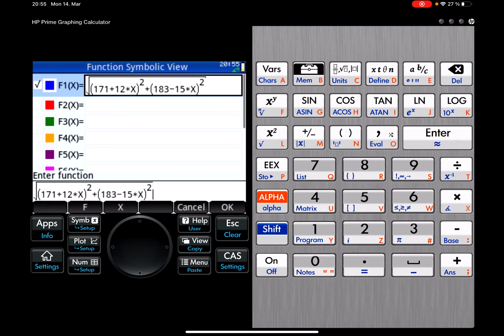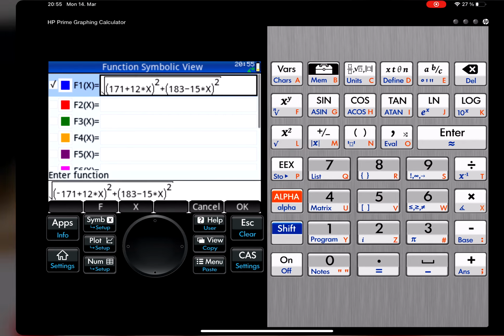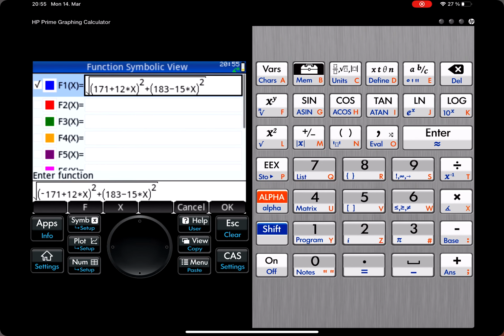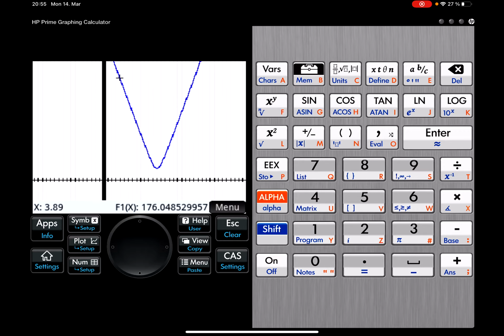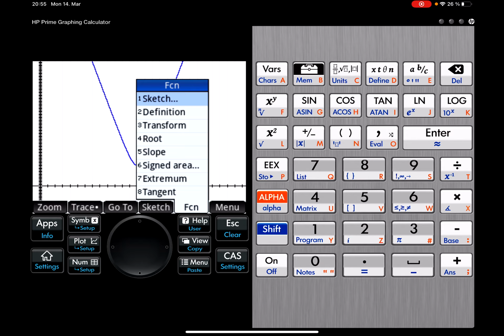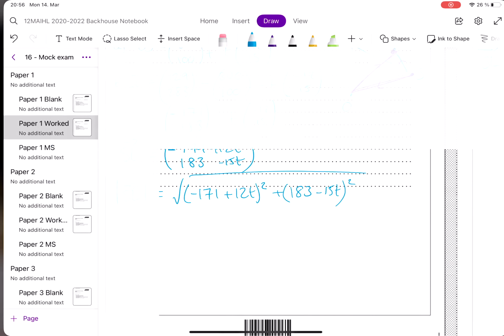So, I have this in my, let's just check this, negative 171 plus 12t squared, plus 183 minus 15t squared, and then there's a square root over the whole thing, and then we get, okay, the extremum is here. Extremum, when x is 13, so when time is 13, they are 19.2 apart.